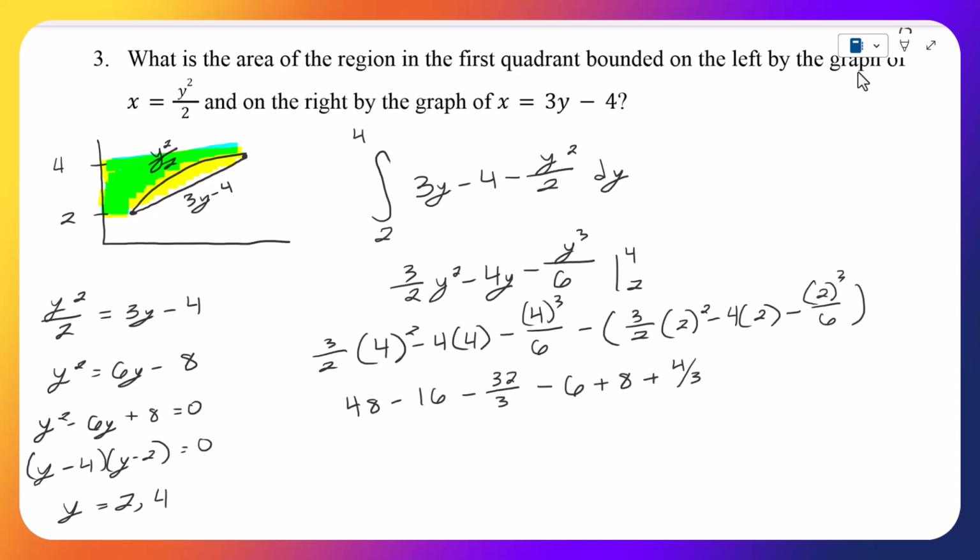Okay, I'm back. I have it all filled out now. I just did each term, and now we'll clean it up to make it look nice. 48 minus 16 is 32. 32 plus 8 is 40.